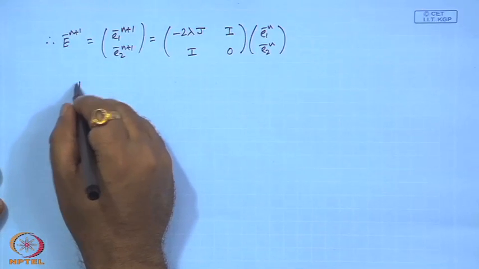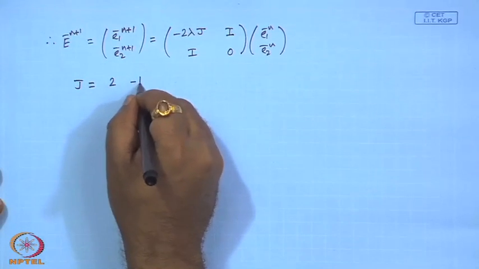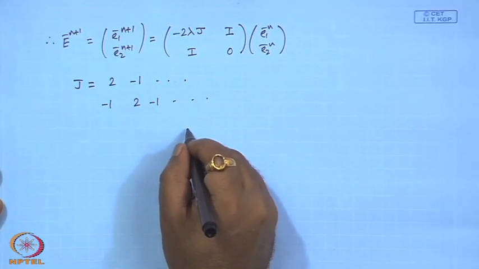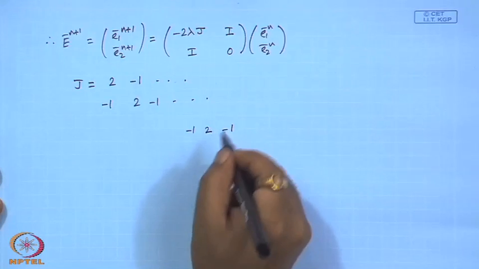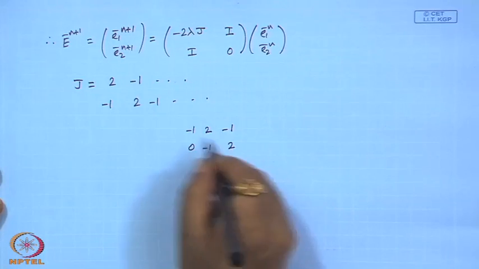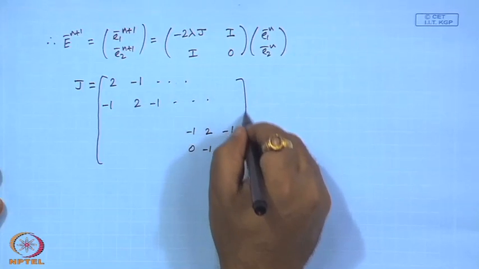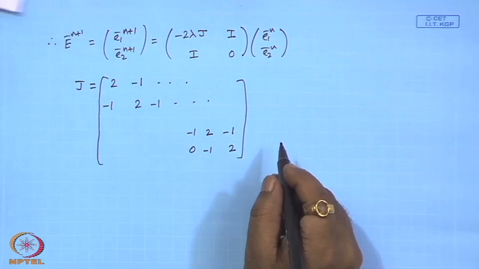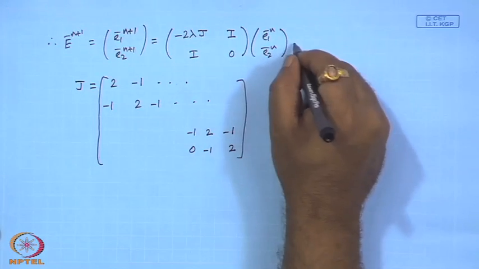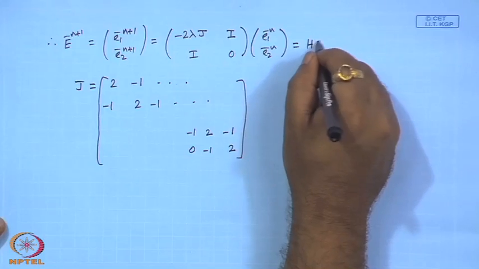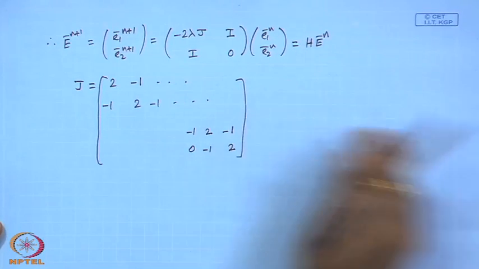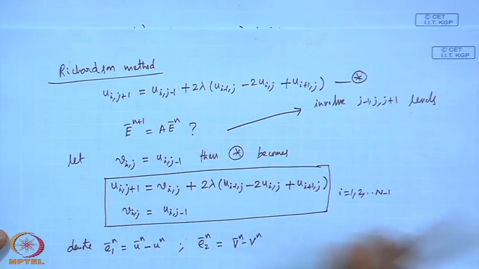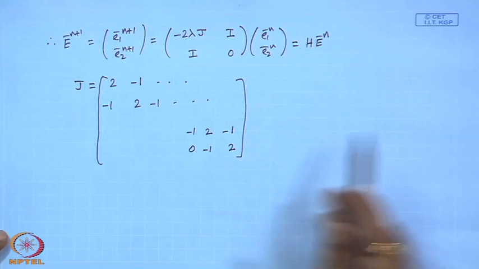Accordingly, J will have, so J has this structure. Call this now H. So, this is a patchwork we have done in order to obtain this kind of iteration. It is not the matrix A directly like the earlier cases.